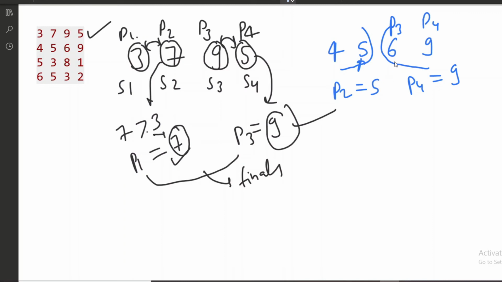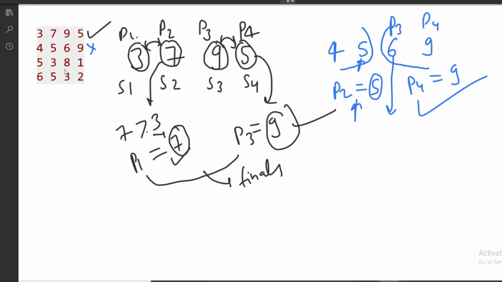But ideally, P2 should not reach the final because its skill rating is 5, and there is another player P3 with skill rating 6 who should ideally reach the finals. Ideally P3 and P4 should reach, but here P2 and P4 are reaching. P4 is okay, but P2 is not okay. So this is not a fair tournament.